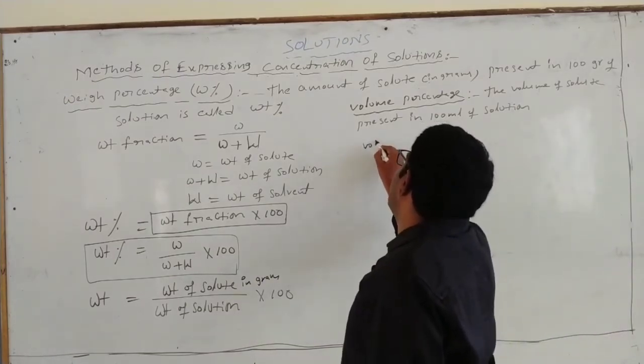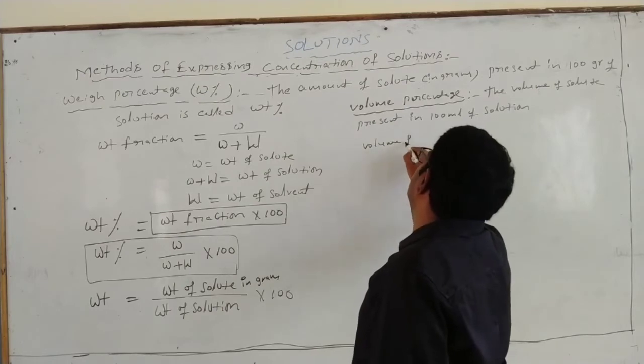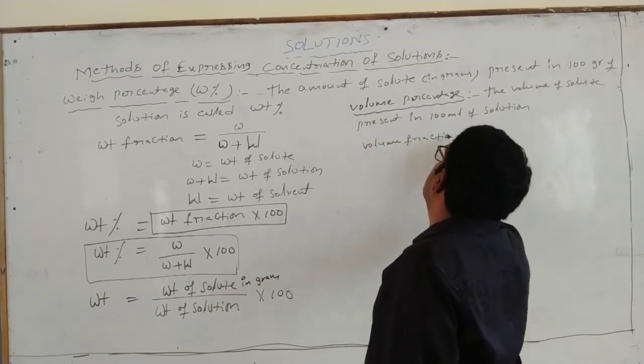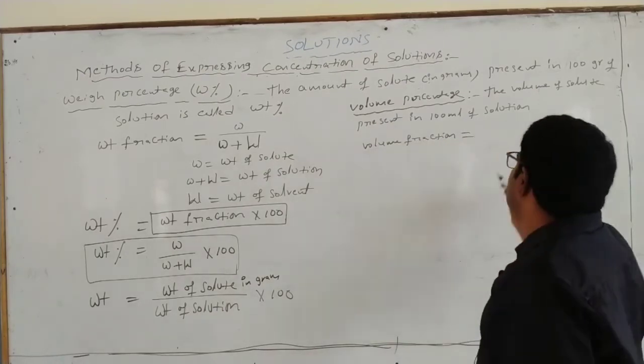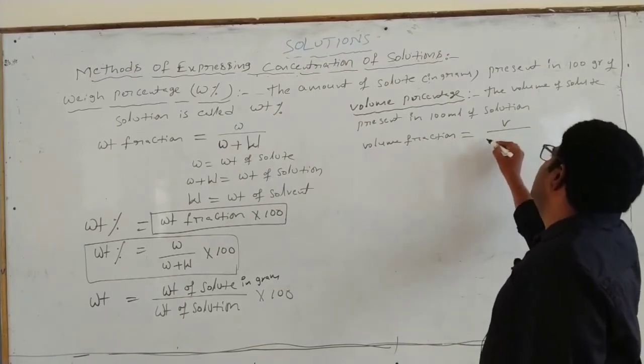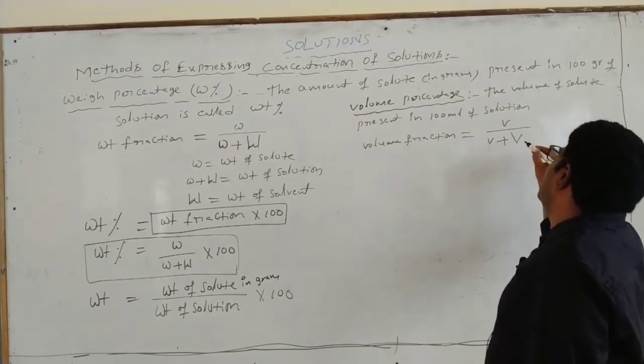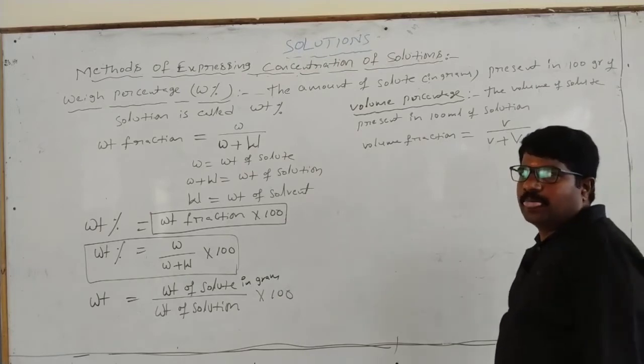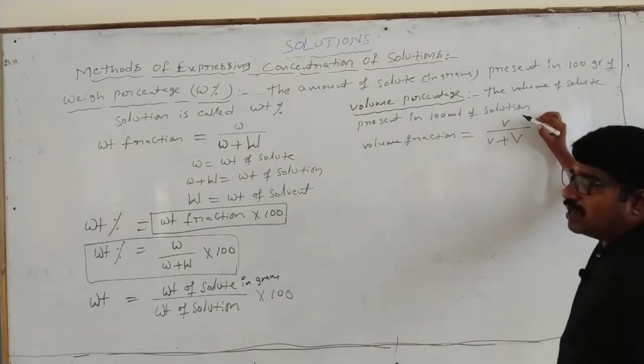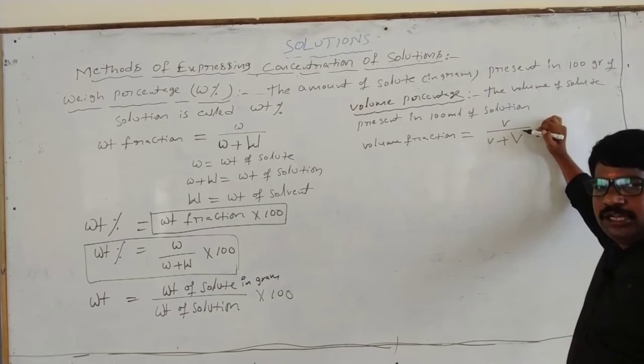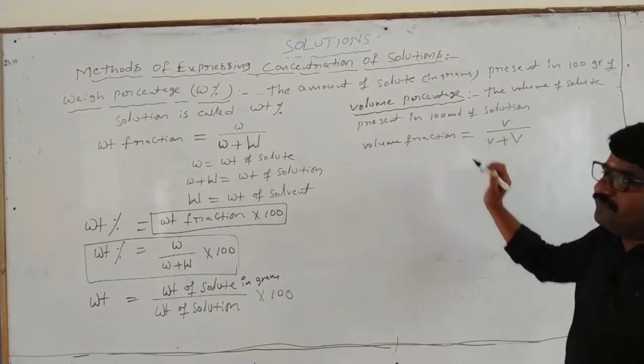Now volume fraction you can write as small v by small v plus capital V. The ratio of volume of solute and the volume of the solution is called volume fraction.